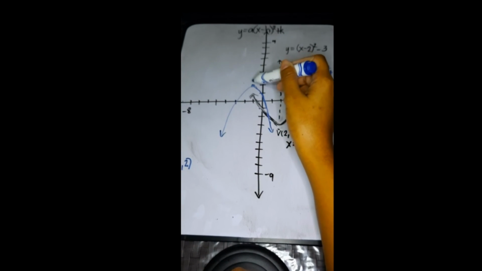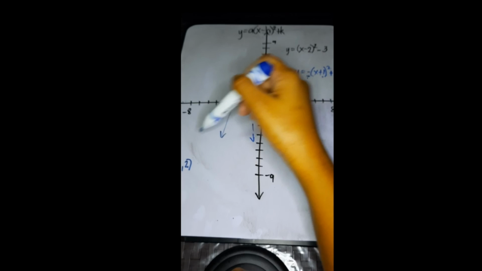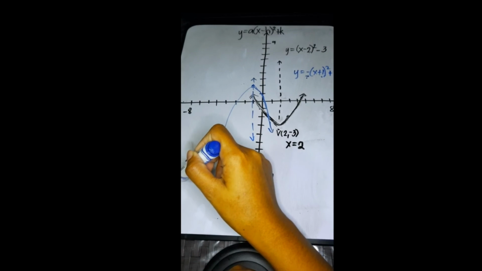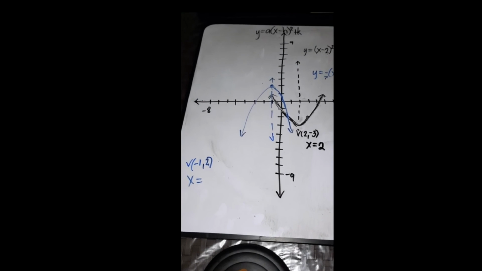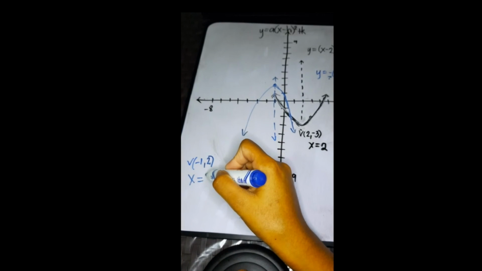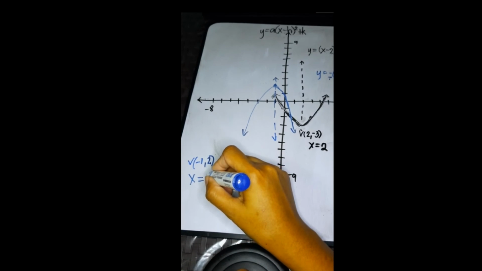So the graph opens downward and our axis of symmetry is here. The line of symmetry is here. And the equation of our axis of symmetry is x is equal to -1.